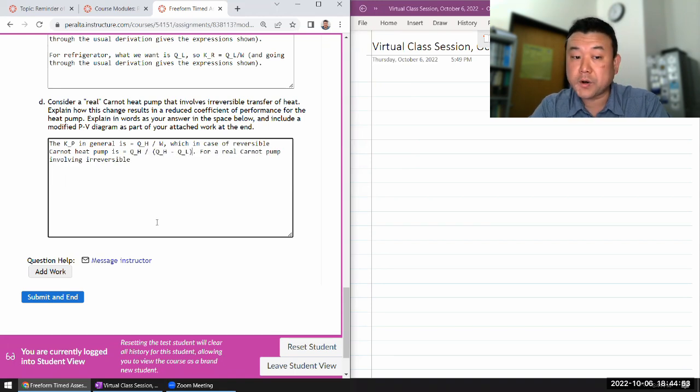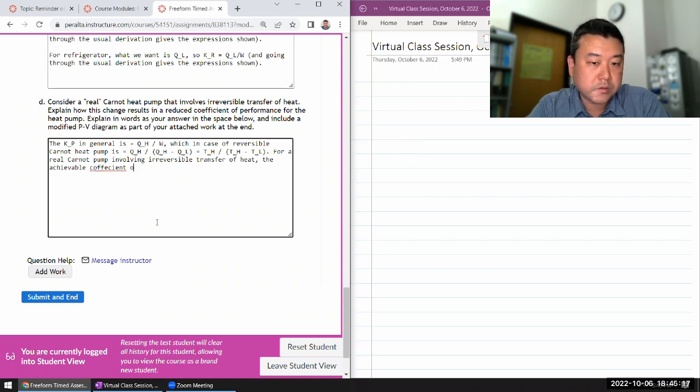This is not the irreversible part. The irreversible part is where I change Q's into T's: TH divided by TH minus TL. For a real Carnot pump involving irreversible transfer of heat, the achievable coefficient of performance is lower.